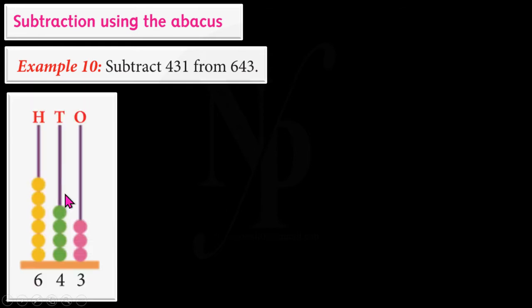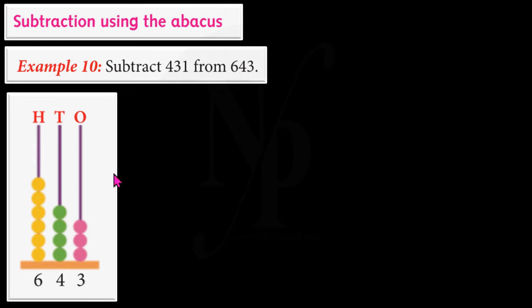So this picture of the abacus shown here represents the number 643. Here we see 3 beads on ones rod, 4 beads on tens place rod and 6 beads on hundreds place rod. Therefore, this abacus represents the number 643.